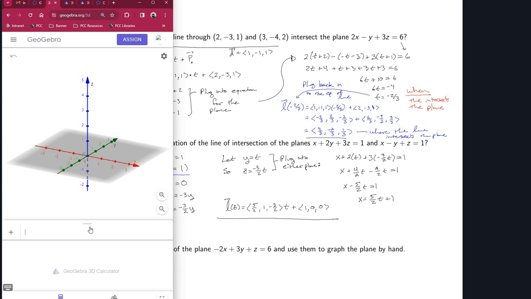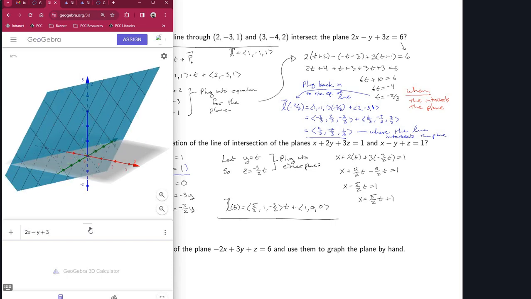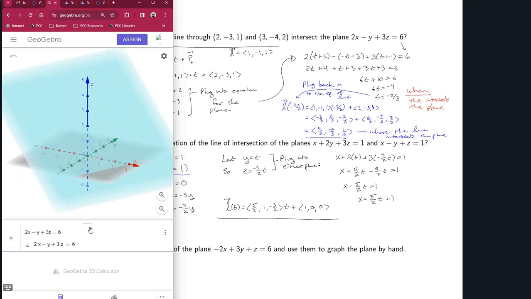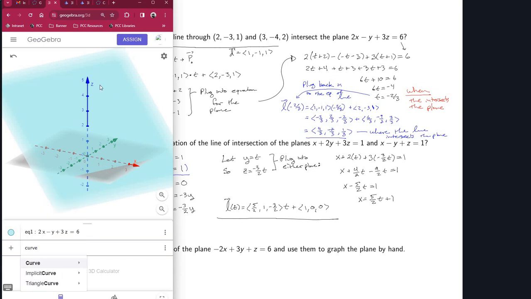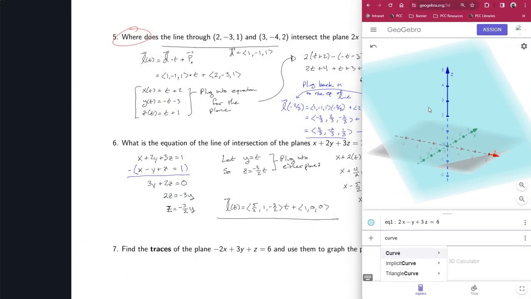So the equation of the plane is 2x minus y plus 3z equals 6. The equation of the line was t plus 2 for x, negative t minus 3 for y, and t plus 1 for z.